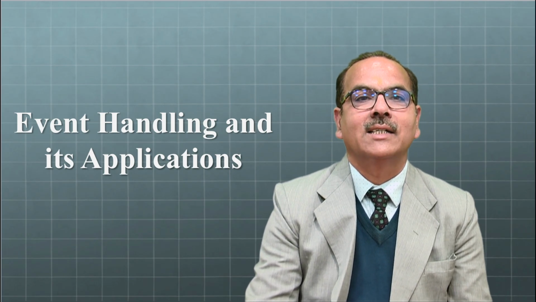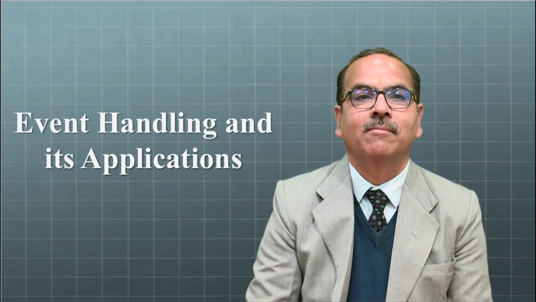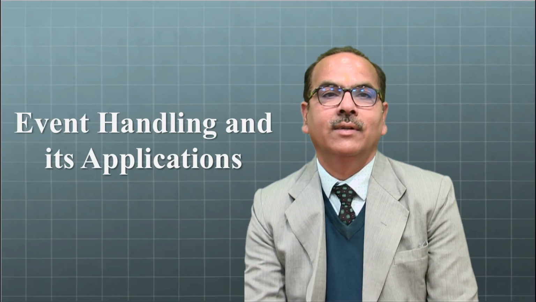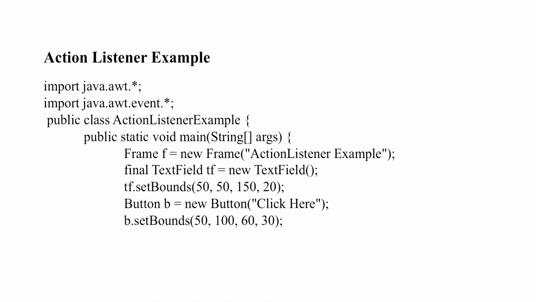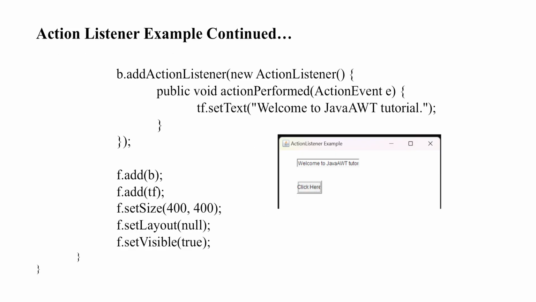Now let us take one example of an action listener here. We import the Java AWT event library because we are doing event handling, and here is the ActionListenerExample. Now we have to reserve a space for a button by declaring it new. Click here.